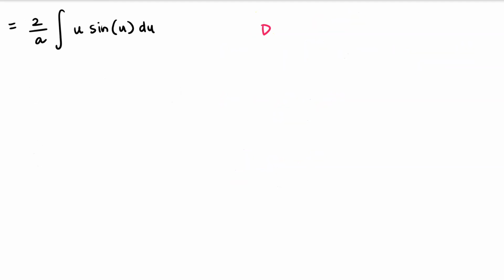So here I'm going to put the thing that I want to differentiate, and then in this column I'm going to put the thing that I want to integrate. So the derivative column, I have u, then the derivative of that is 1, and then the derivative of that is 0. Now for this column I have sine of u. The antiderivative of that is negative cosine of u, and then the antiderivative of that is negative sine of u.